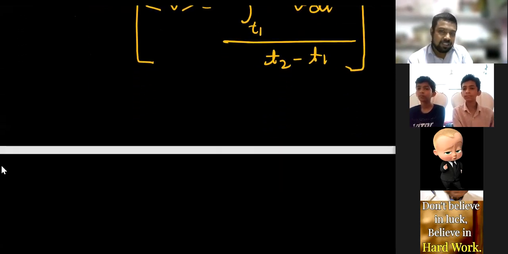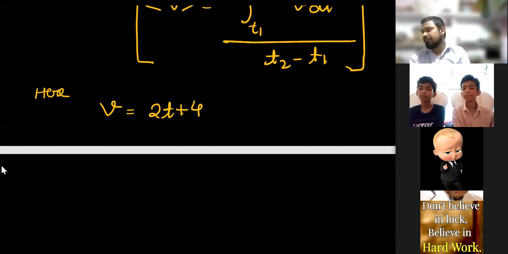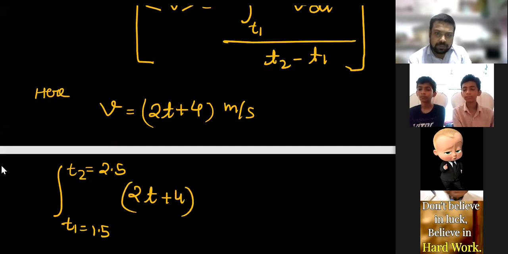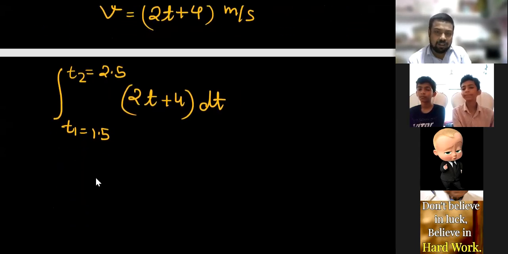First of all, here v is equal to 2t plus 4 meter per second. Now the integration from t1 to t2, where t1 is 1.5 and t2 is 2.5, of 2t plus 4 into dt. This integration you can very easily solve.